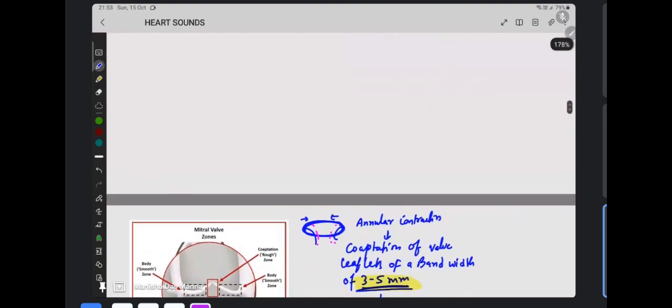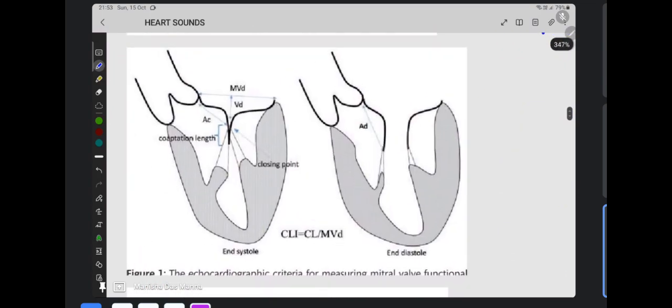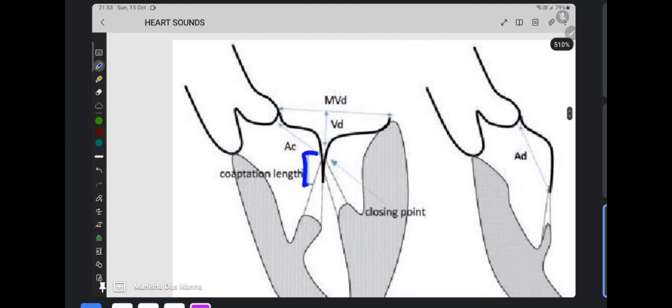The sudden tensing of the leaflets is due to the tension of the papillary muscles, and this leads to a vibration which produces S1. This is also called the coaptation length.